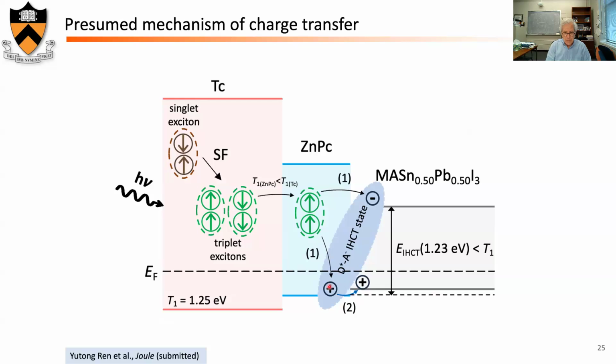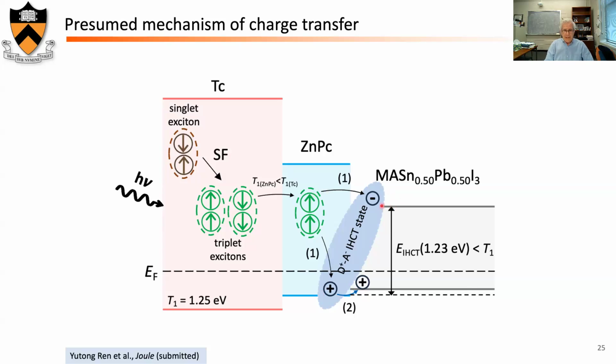So again, to come back to the presumed mechanism: we absorb a high energy photon in the tetrazine. We get a singlet exciton, and this gives us two triplet excitons, and these triplet excitons then move to the interface between the zinc PC and the perovskite, where it is dissociated.